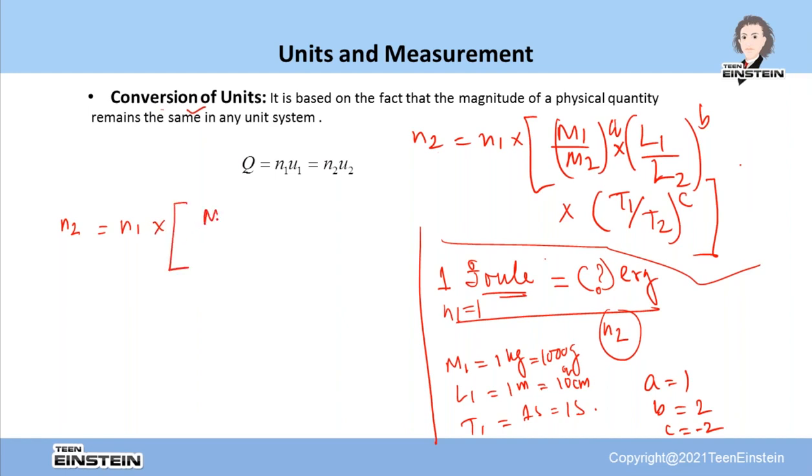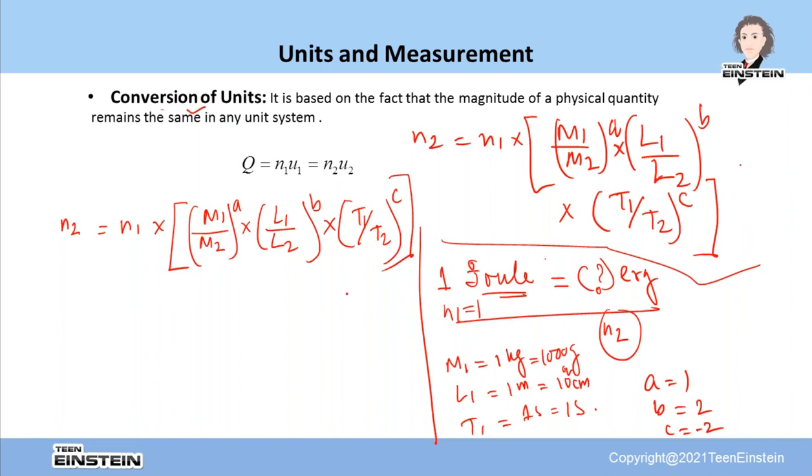So look here: n2 equals n1 into M1 by M2 to the power A, then L1 by L2 to the power B, into T1 by T2 to the power C.